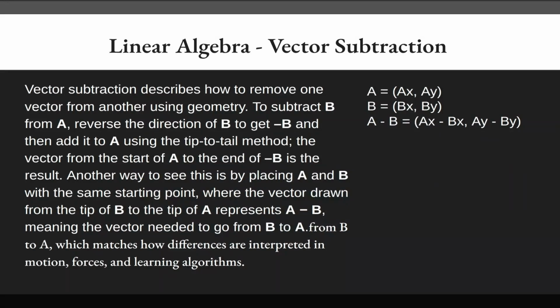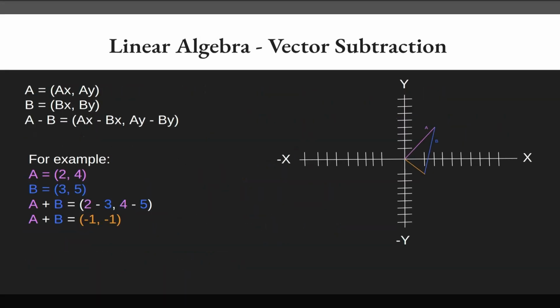So we have ax and ay, and from b we have bx and by. I mean, we just do the subtraction directly. So this gives the horizontal and vertical differences. The correction needed to go from B to A, it's the difference vector that shows displacement, error, or change.